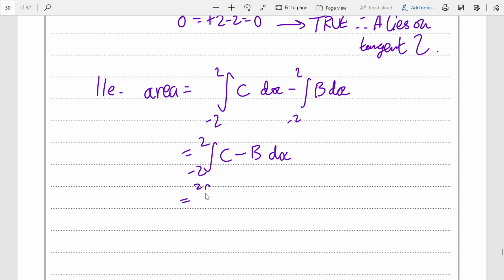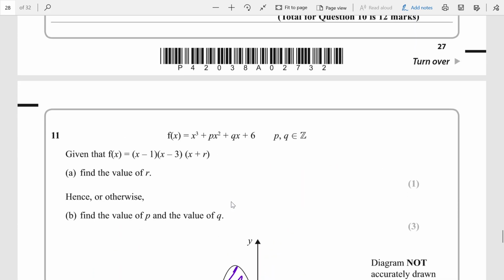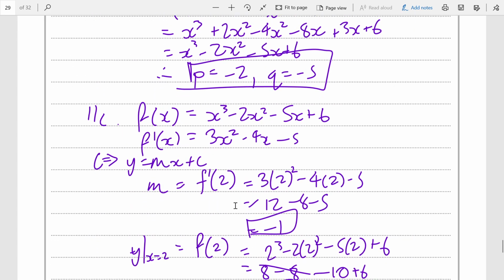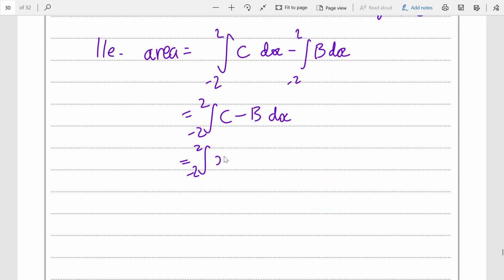Which will be equal to the definite integral of C, which is x cubed minus 2x squared minus 5x plus 6, and then minus B, which would be minus x minus 2, dx.